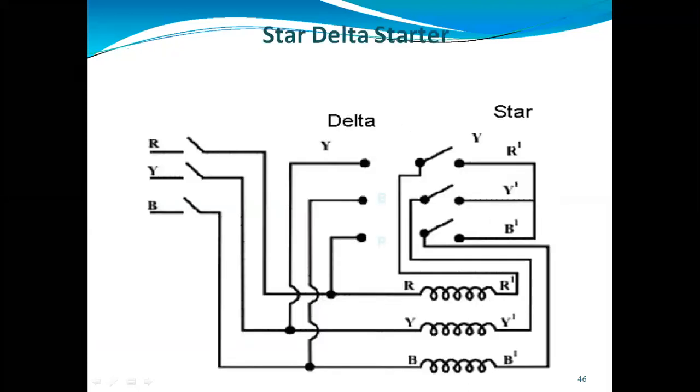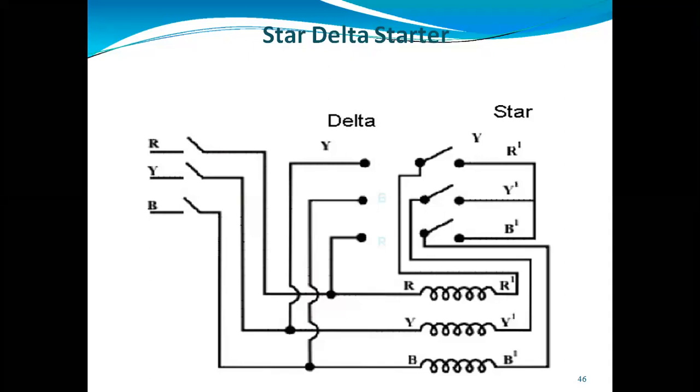Now, when we are supposed to see about the star delta starter, this is the common way of starting and it can be used over the other types of starter. जैसे हमने बोला है, we have different types of starter like direct online, stator resistance starter, auto transformer starter.